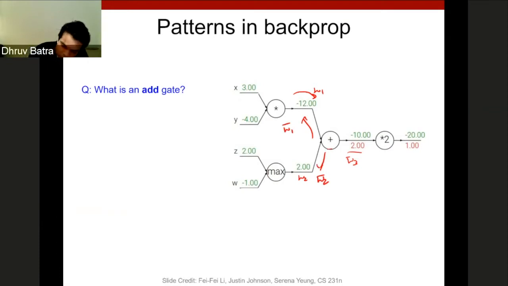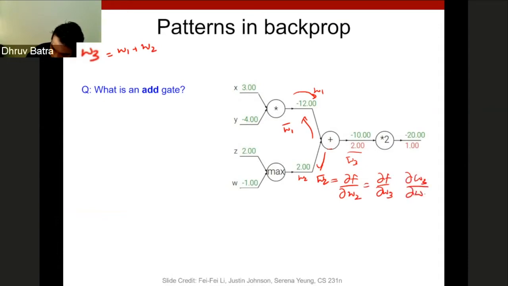We know that w3 is equal to w1 plus w2. That's what we've written down. So when we have to compute w2 bar, this is just equal to the partial of f with respect to w2, which is the partial of f with respect to w3 times the partial of w3 with respect to w2.